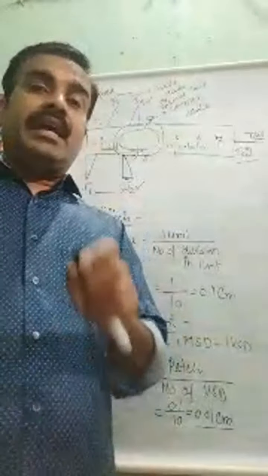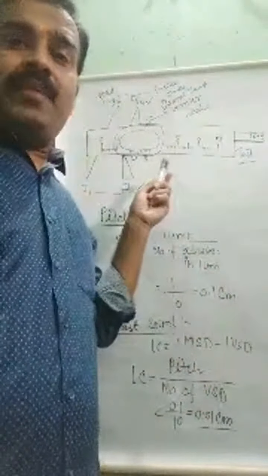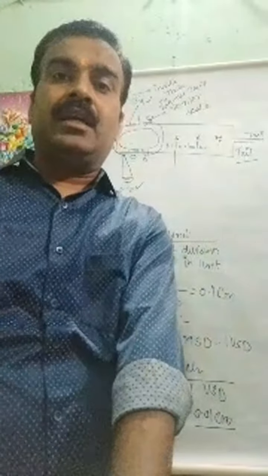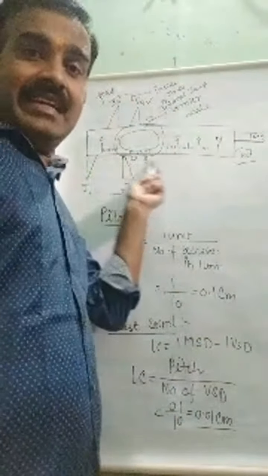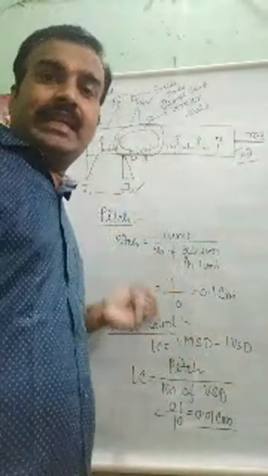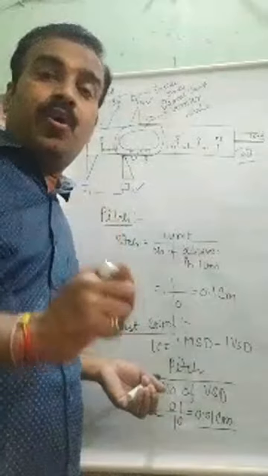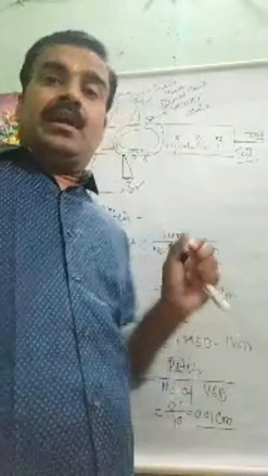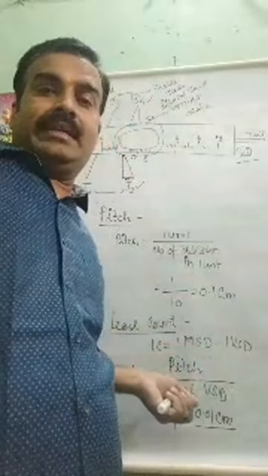One more thing: once the number of divisions in the main scale or Vernier scale changes, the pitch will also be affected, and the least count will also be affected.